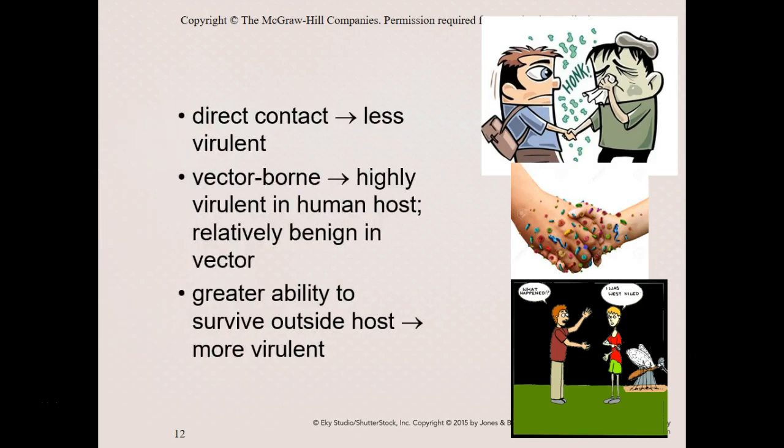So how can we come in contact with these different organisms that are causing disease? Well, we have direct contact, which is probably the most common form of contact. Direct contact would be shaking hands, hugging, kissing, anything where you are directly coming in contact with the other individual.